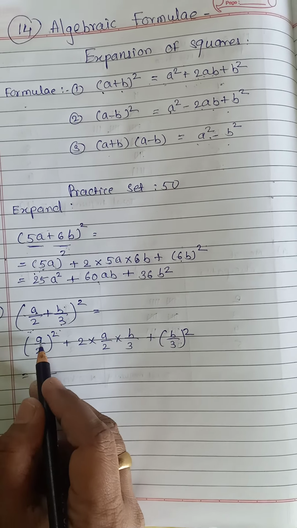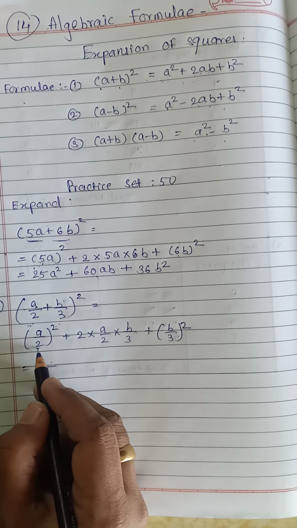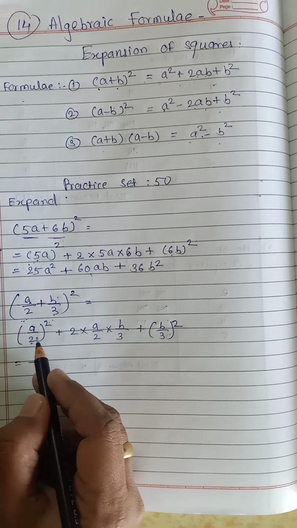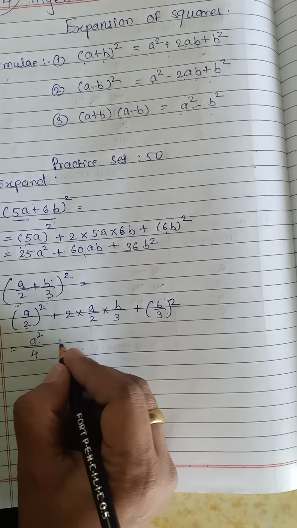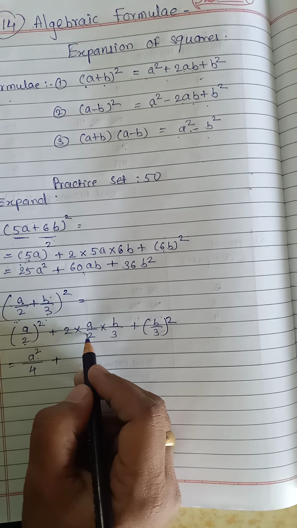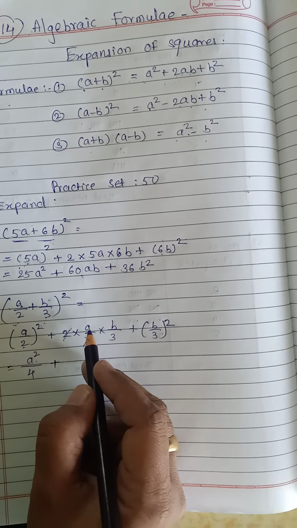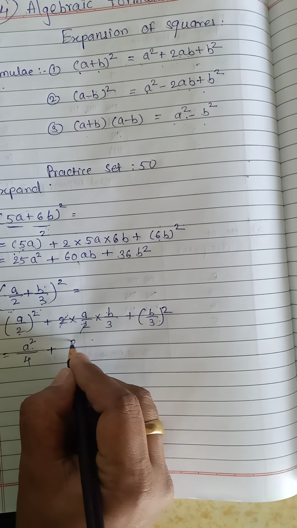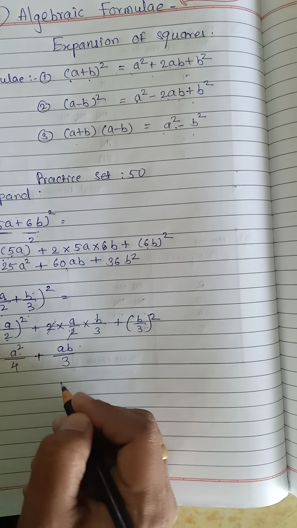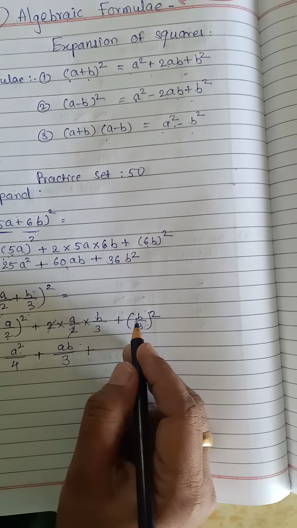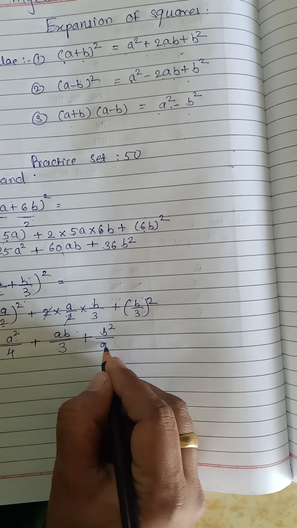Now this is in numerator denominator form, so we'll write the numerator square and the denominator square. So a square is a square, 2 square is 4, plus. Now here we can cancel this 2, so 2 1s are 2, 2 1s are 2. Now numerator, this is a and b, so numerator ab and in the denominator only 3, so this is ab upon 3 plus square of b upon 3, so b square is b square and 3 square is 9.